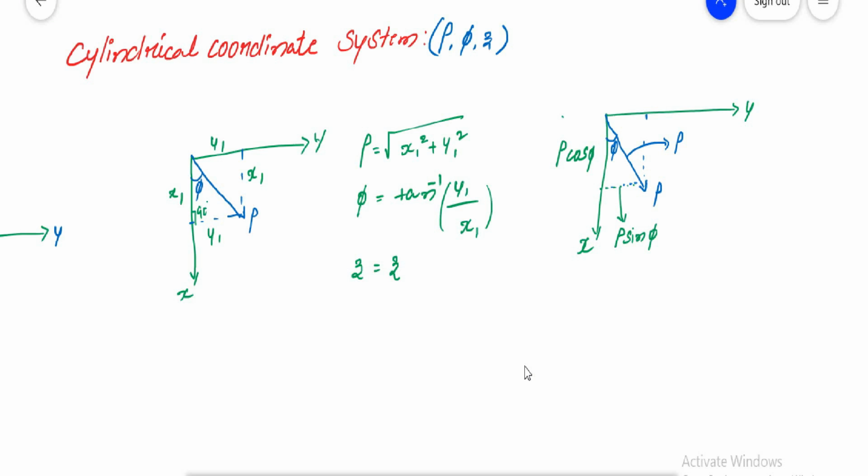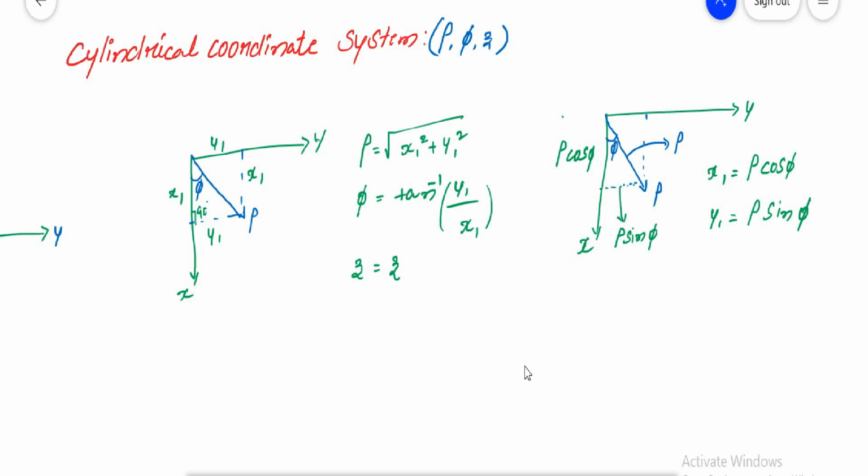So from this we can write x1 is equal to rho into cos phi, and y1 is equal to rho into sin phi. Then rho is the hypotenuse.